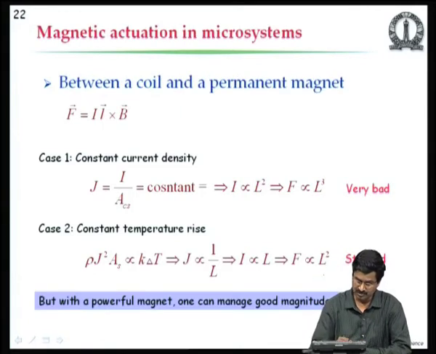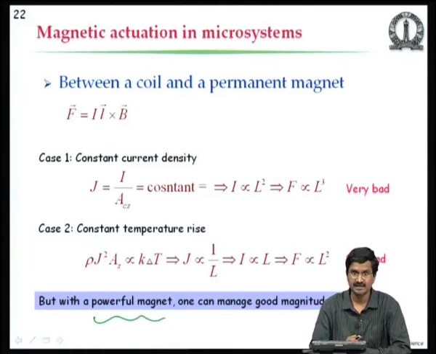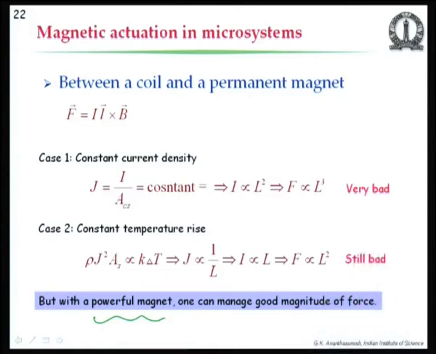Whereas, if we use a powerful magnet, then one can manage and get a large magnitude of force with micro things, and that is the trend that we see where you put a permanent magnet and put a coil to generate magnetic field in the presence of permanent magnetic field, and you can get some magnetic based actuation force.